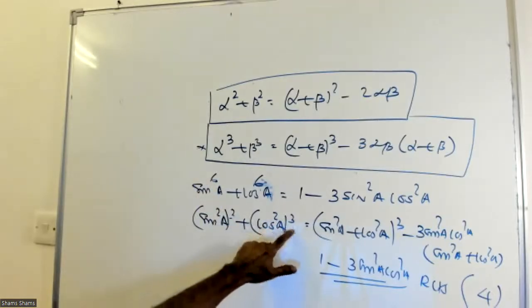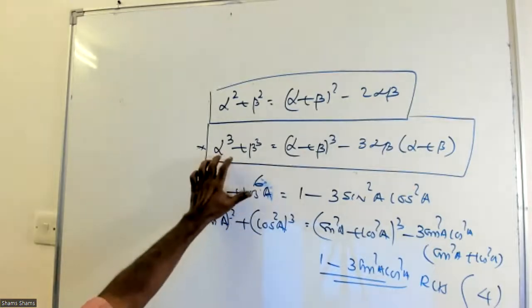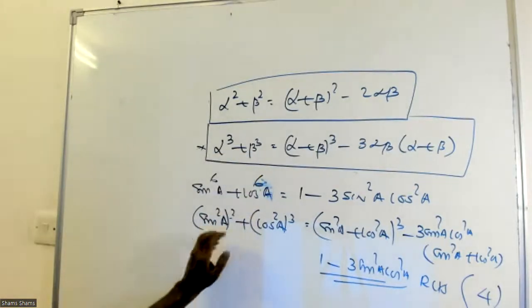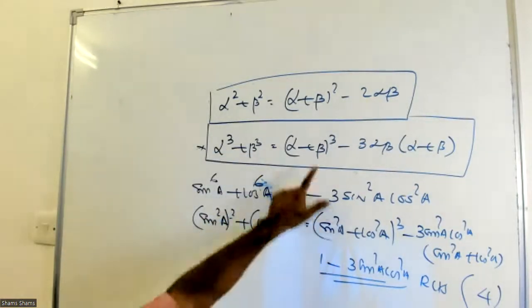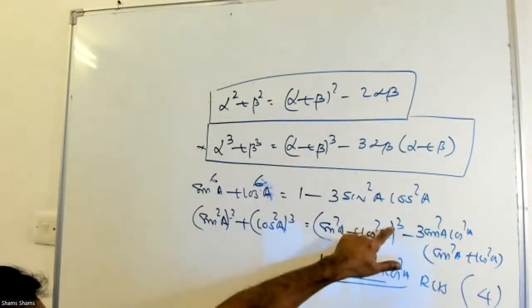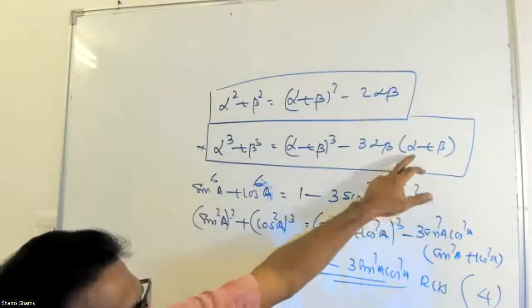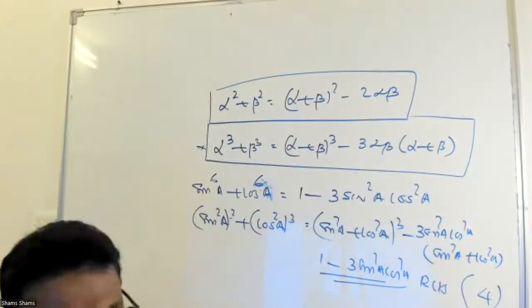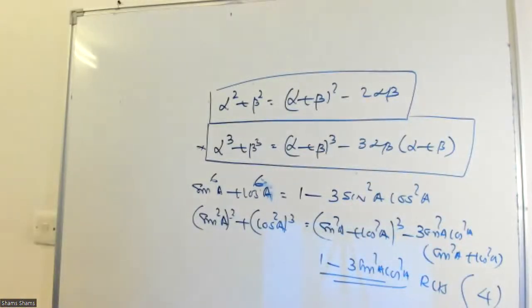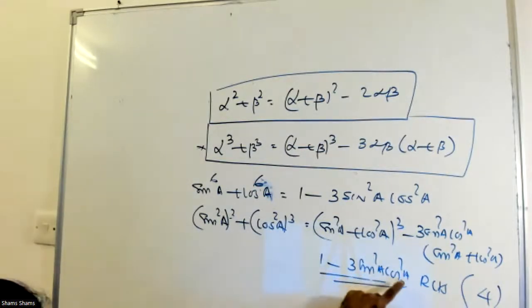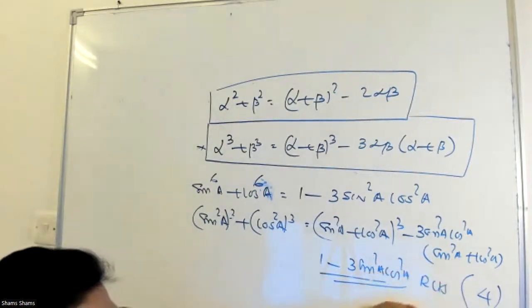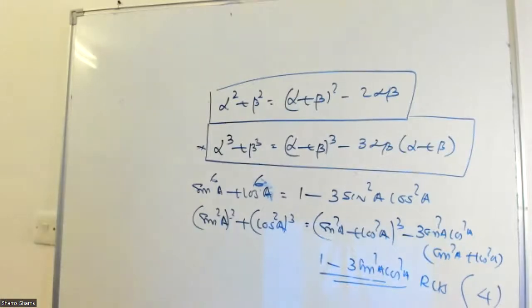Here also cos square A whole cube. That means this is alpha cube plus beta cube form. Alpha is sine square A, beta is cos square A. Minus 3 sine square A cos square A into alpha plus beta, sine square A plus cos square A. And we know that sin square A plus cos square A is 1. So 1 minus 3 sin square A cos square A, again 1. The answer is 1 minus 3 sin square A cos square A. Just one line.